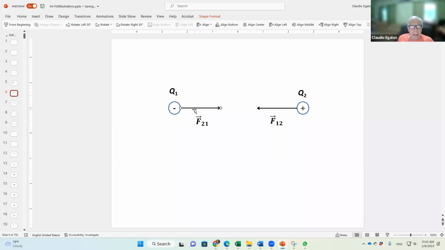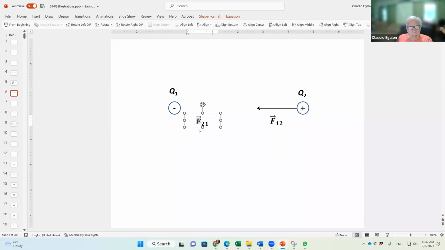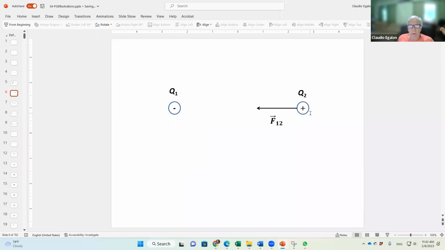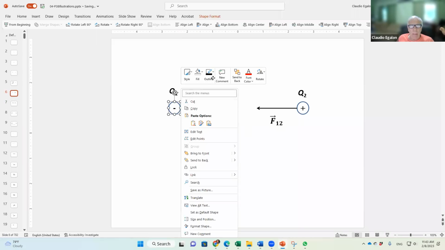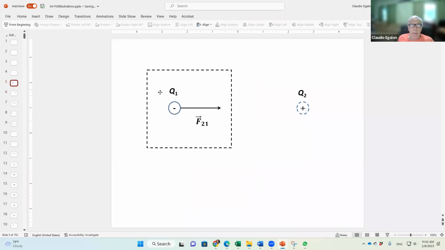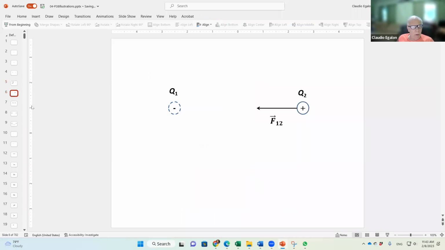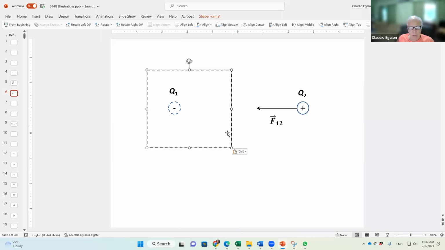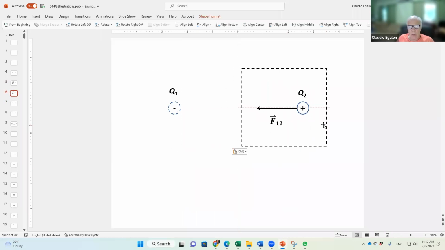And we can do the same for charge number 2. I want to concentrate only on the forces applied to charge number 2. I'm going to make charge number 1 look like a ghost, because I am concentrating only on the free body diagram of charge number 2.